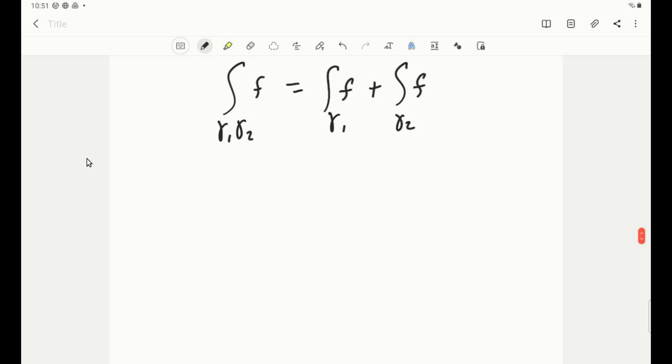Not real earth-shattering there. Now I'm going to go ahead and do the property and then talk about the length.